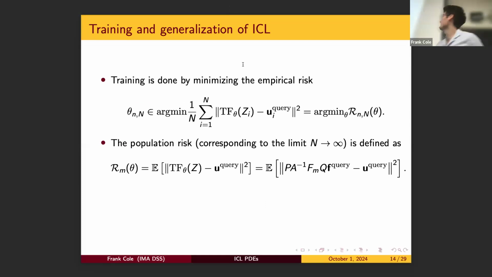Yeah, so you remember we have this explicit output of the transformer in terms of this empirical covariance of the source terms, F. If we assume that there's some population covariance matrix that describes the distribution, then you can get some kind of context-independent generalization of this risk just by replacing the empirical covariance with the population covariance.